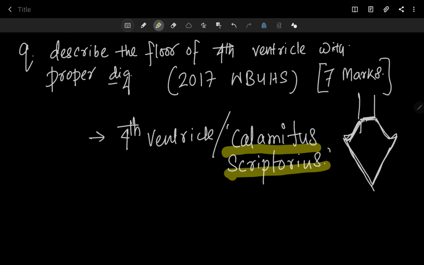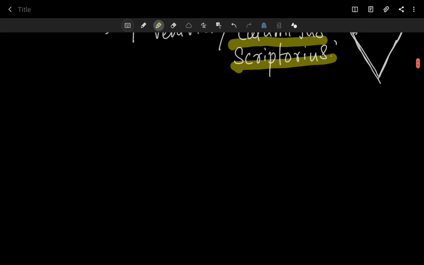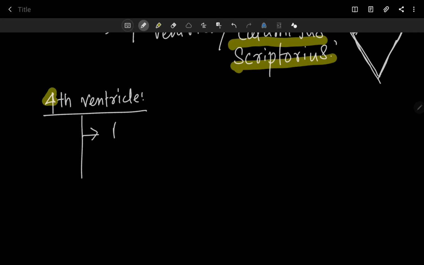So now let's talk about the fourth ventricle. Your fourth ventricle has one roof, one floor, and lateral walls.